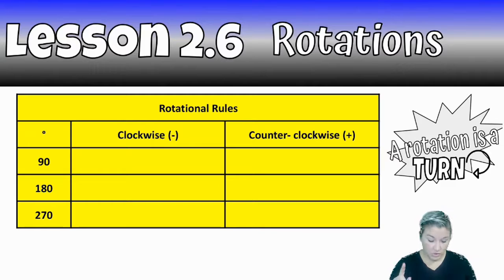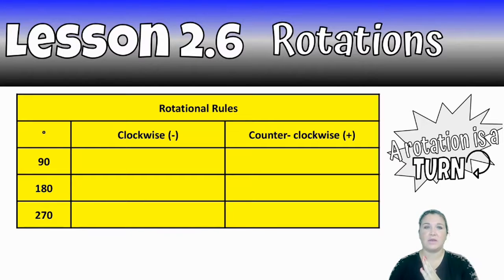Turning to the right is going to be clockwise, which actually seems backwards, but it's going to be a negative. So if we turn negative 90 degrees, it's going to be to the right. But if we turn a positive 90 degrees, it's going to be to the left.